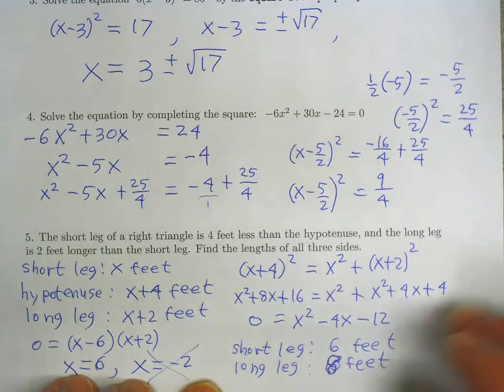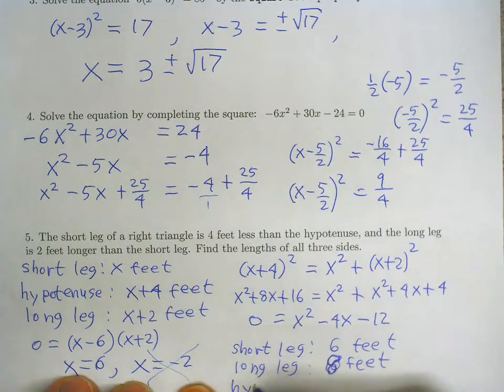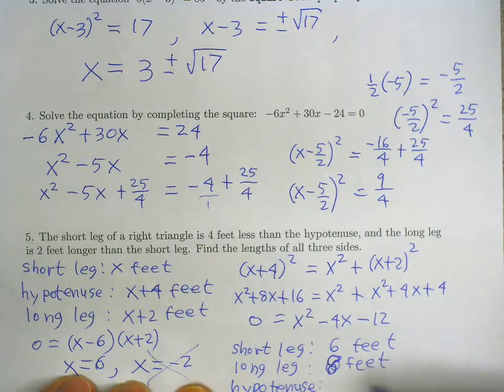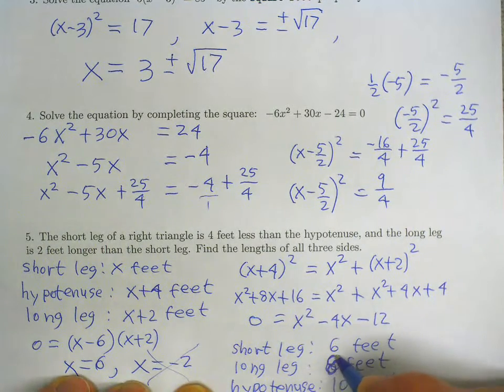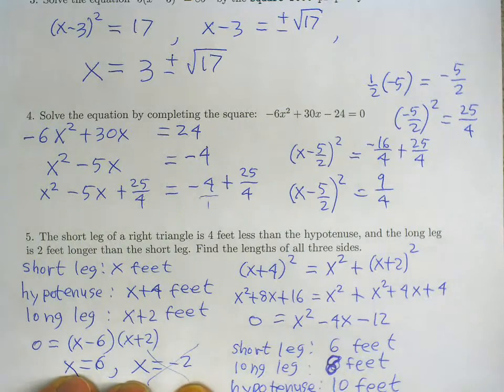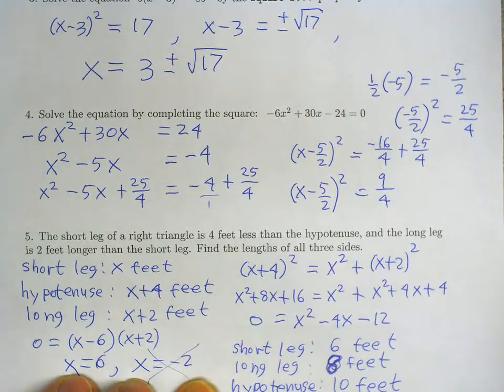So you no doubt get the idea. Anyway, the hypotenuse is 6 plus 4 or 10 feet. So the long leg is 8 feet. Okay, that worked out pretty nicely.